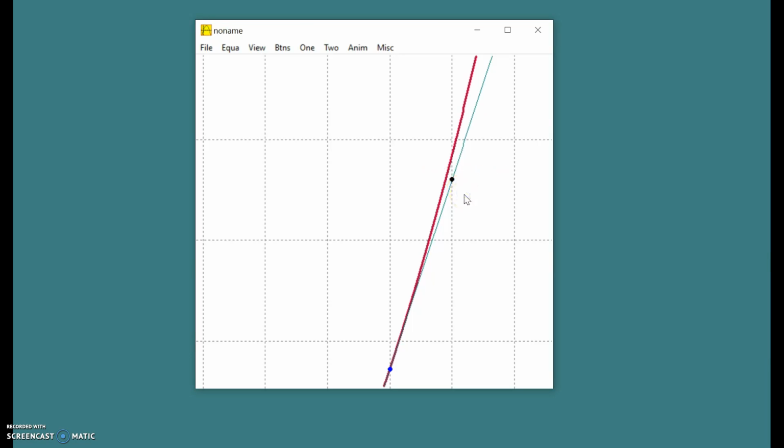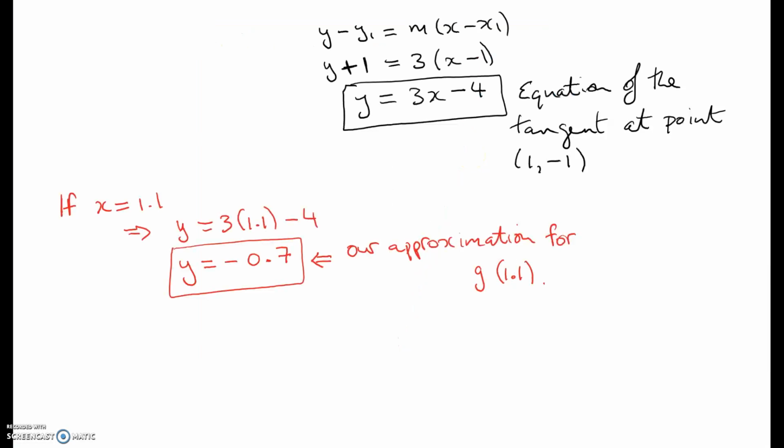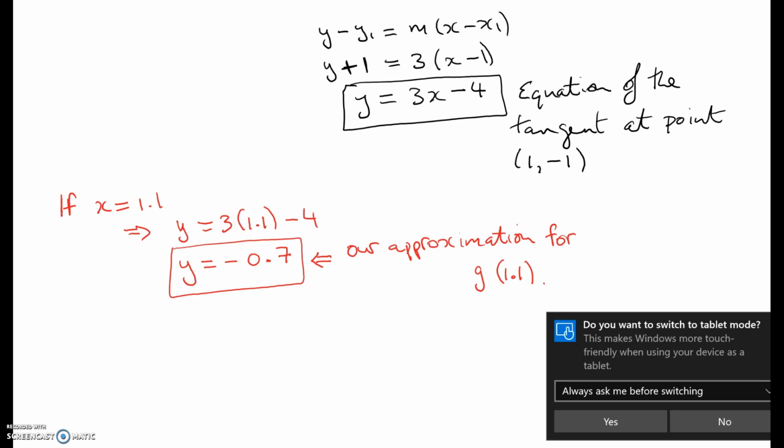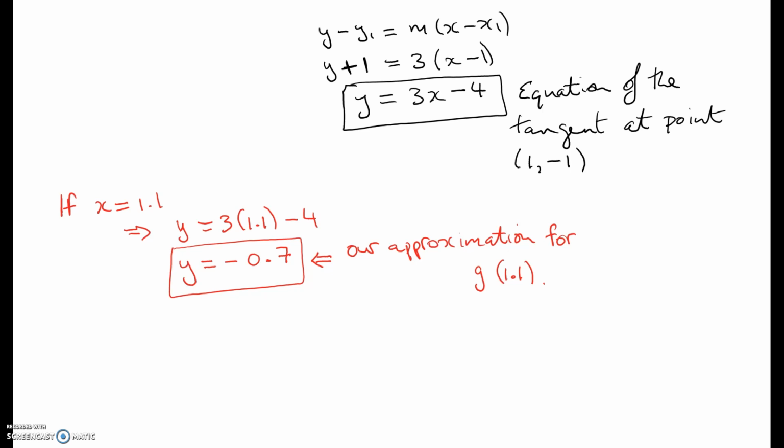We can actually use a calculator to find the real value of g of 1.1, and then we can see what the difference is. This is all a bit of an aside.